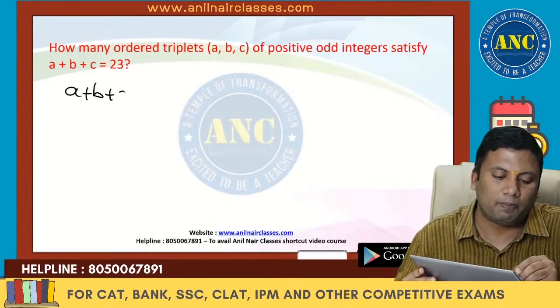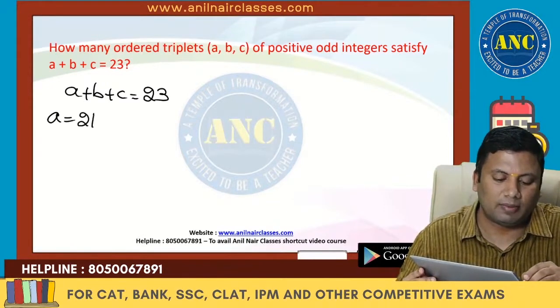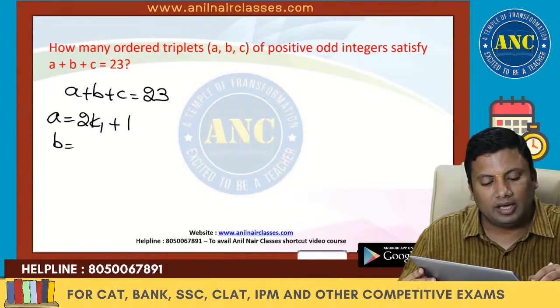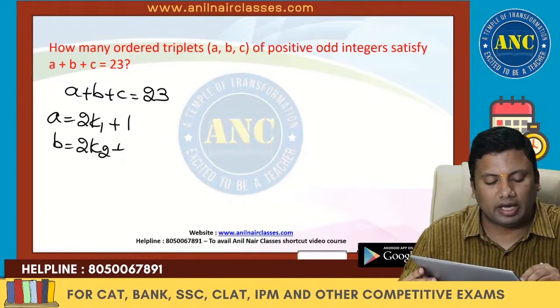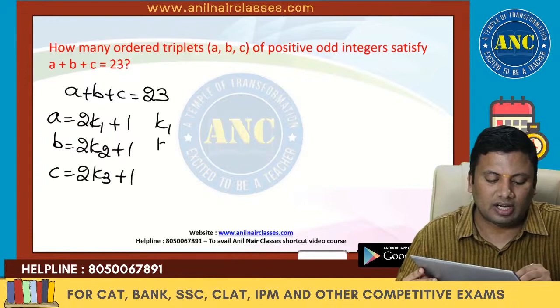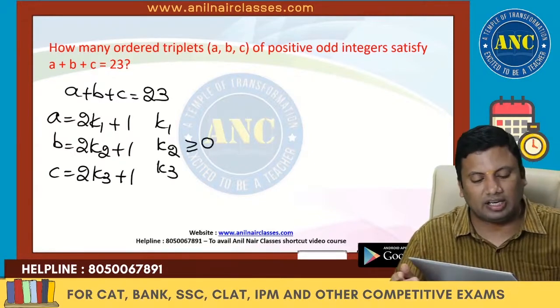A plus B plus C is 23. A is 2k1 plus 1, B is 2k2 plus 1, C is 2k3 plus 1. Variables k1, k2, k3 start from 0.